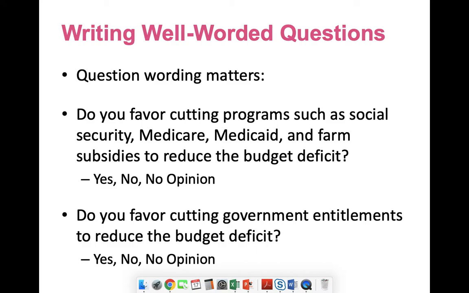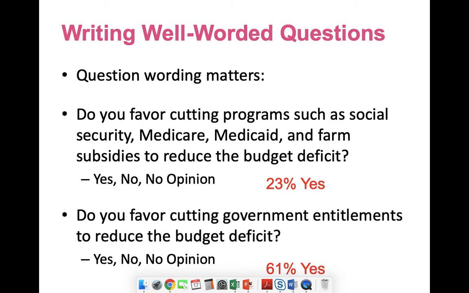The number of people that say yes is 23% for the first question, but 61% for the second. Notice that 61%, a much higher number, would be in favor of cutting government entitlements. The interesting thing is that Social Security, Medicare, Medicaid, and farm subsidies are all specific kinds of government entitlements.